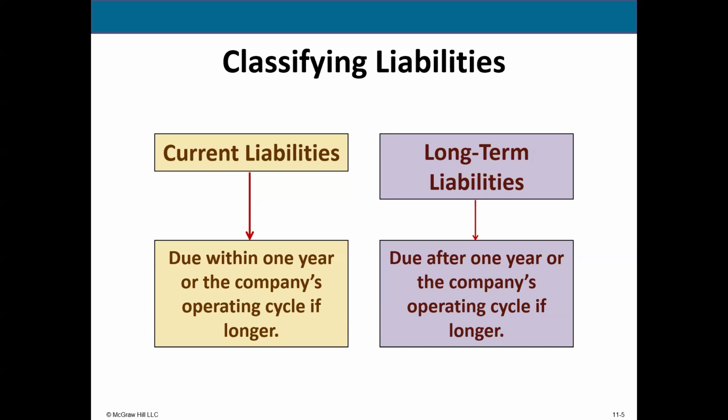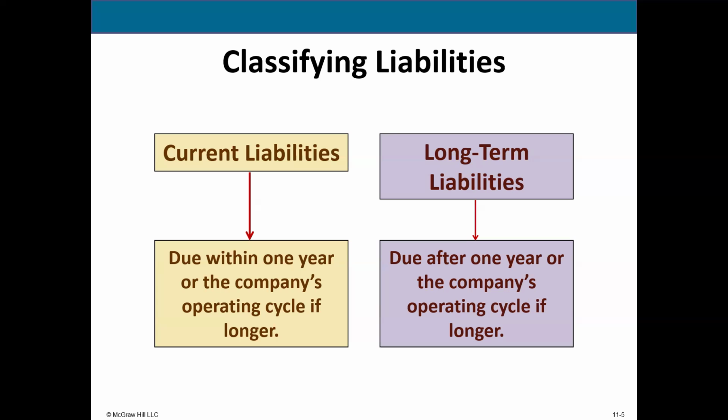If a customer pays us before we deliver the good or the service, that's called unearned revenue, and that's a liability to the company. The reason why it's a liability to the company is because the customer could always say, "Hey, you know what? I don't need you to deliver the good or the service. I'd like a refund." That's why it's a liability to us.